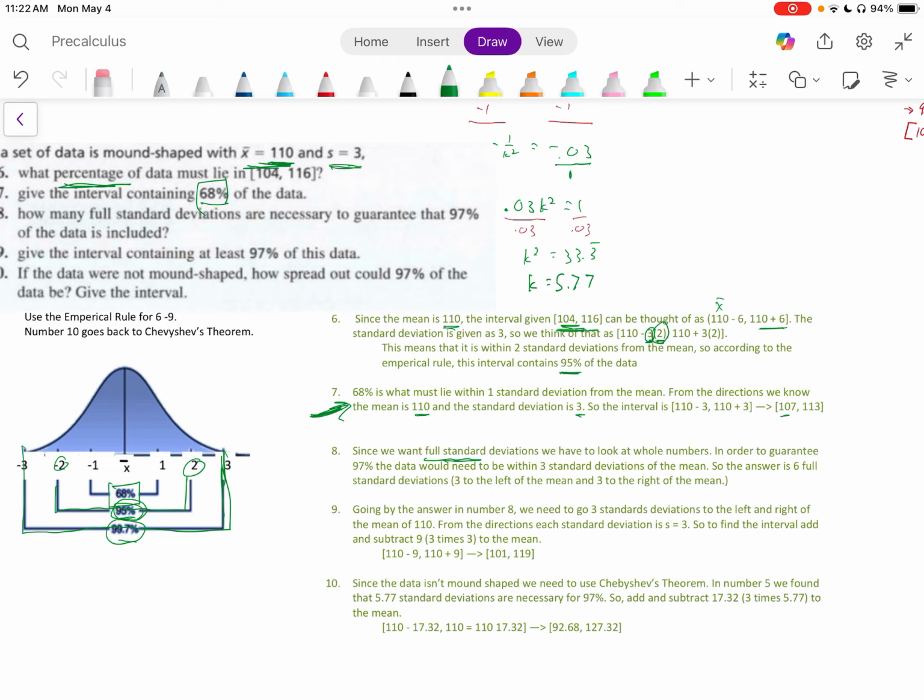Number 9, give the interval containing at least 97% of the data. That's using our answer we just had in number 8. We need to go 3 standard deviations to the left and right of the mean, which is 110.